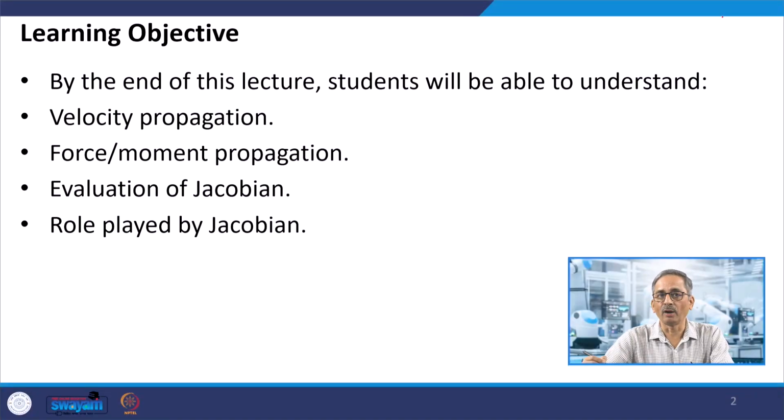By the end of this lecture, I expect you will be able to understand how the velocity propagates, similarly how the force and moment propagate, how we can evaluate the Jacobian, and what role is played by this Jacobian.